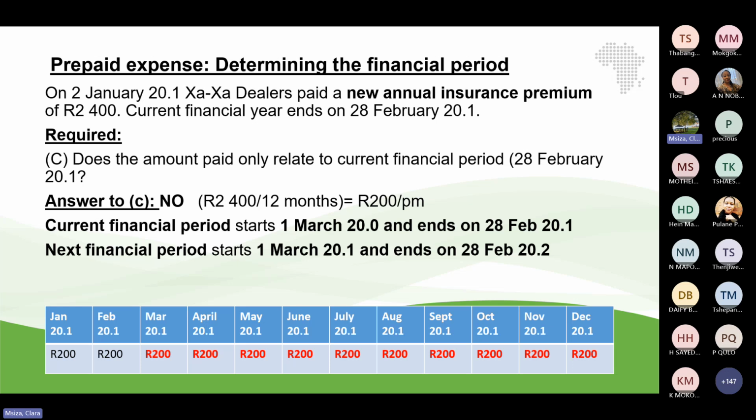However, you paid in Jan, meaning that the current financial year starts 1 March 20.0 and it ends February 20.1. The next financial period will start 1st March 20.1 and it's going to end 28 Feb 20.1. And please know that your financial year is not Jan to December. Your financial year is 1st of March to end of Feb. Azelia, please take note of that.